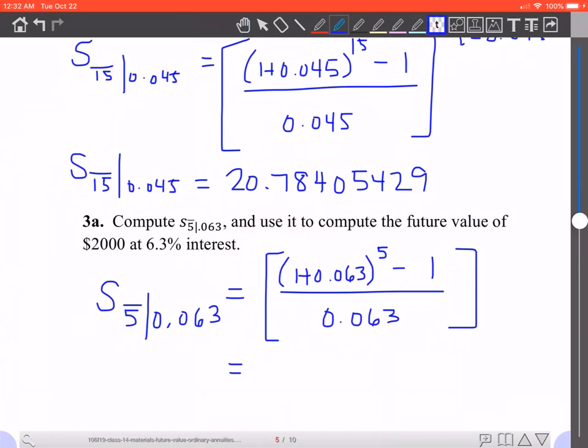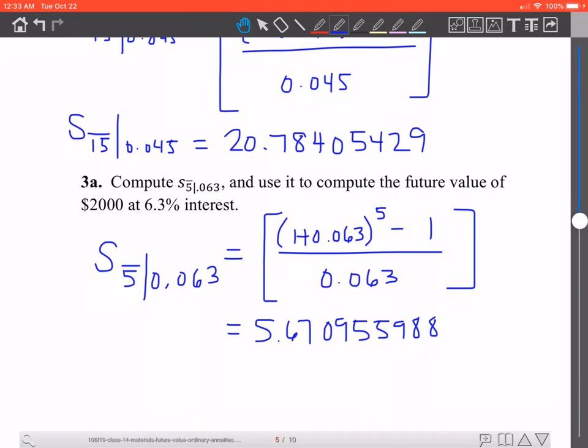Let's see. I got 5.670955988. Let's use that to compute the future value of $2,000 at 6.3%.